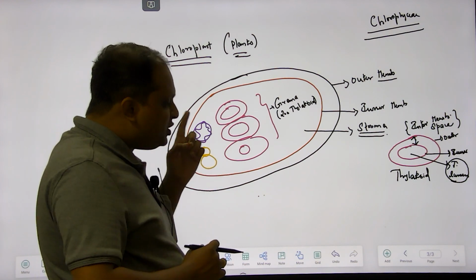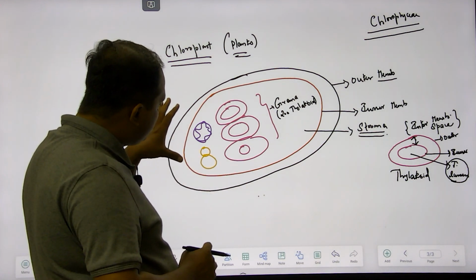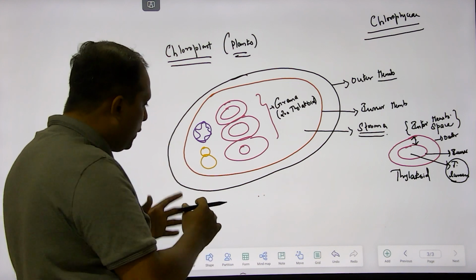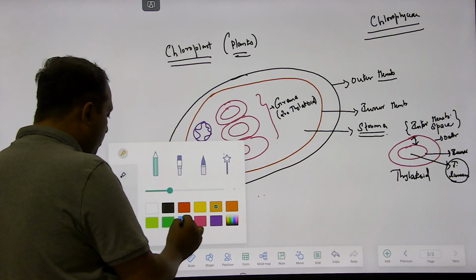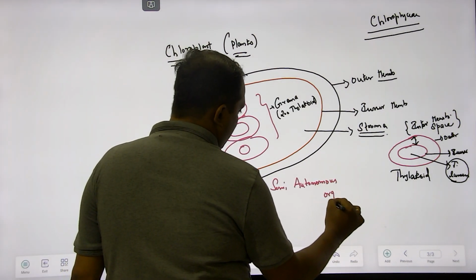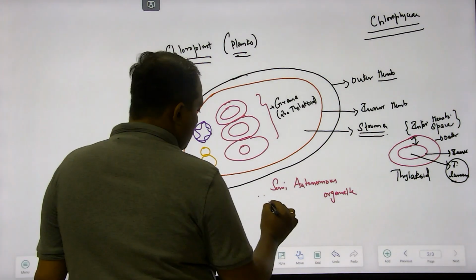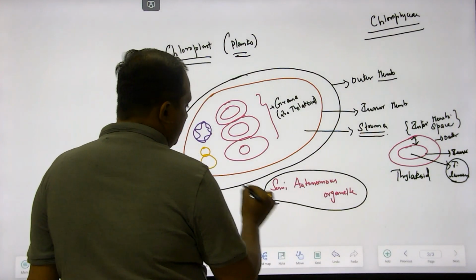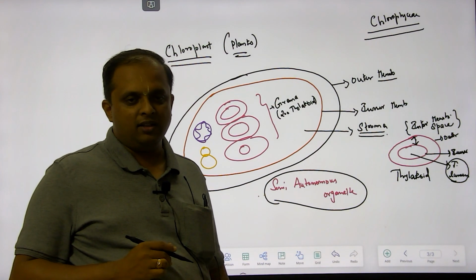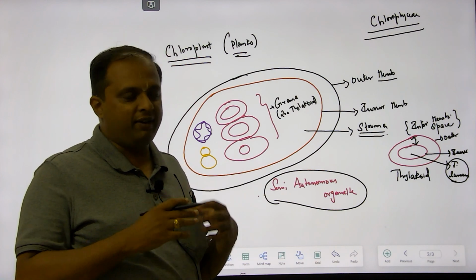I would have mentioned in the mitochondrial discussion that the presence of its own DNA and ribosomes together makes the chloroplast a semi-autonomous organelle. I would have given the reasons why it is called a semi-autonomous organelle, so kindly go back to that video and get clarity.